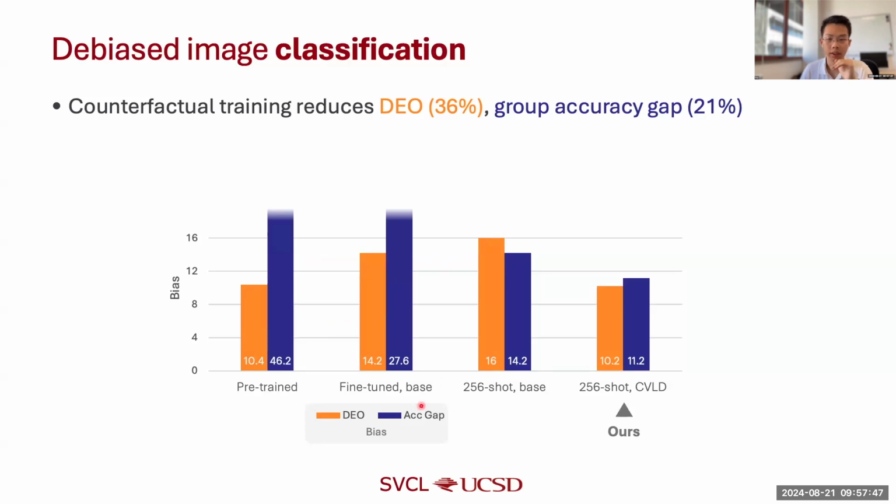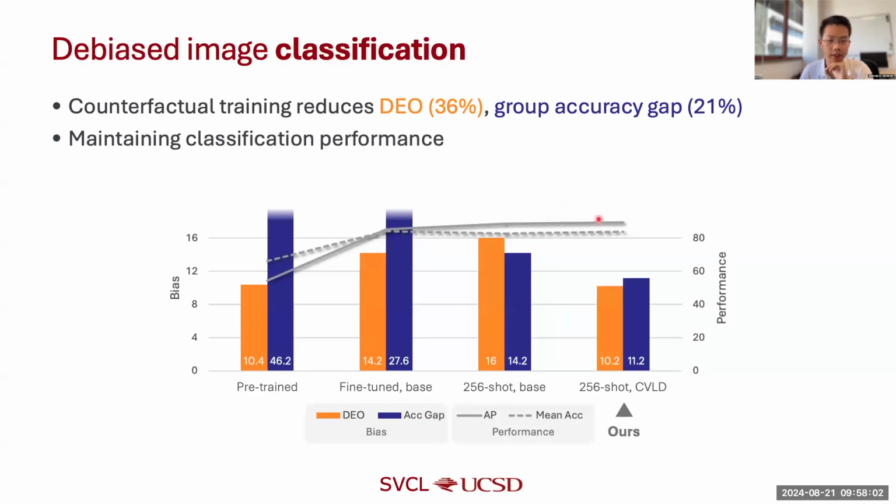So while the naive fine-tuning increases the bias, we find that training with counterfactuals significantly reduces both the equal opportunity and the group accuracy biases compared to naive training. What's impressive is that this counterfactual training also maintains the high performance of the standard fine-tuning or adaptation on the same 256-shot setting, which is comparable to full fine-tuning and also much higher than the pre-trained or zero-shot BLIP.